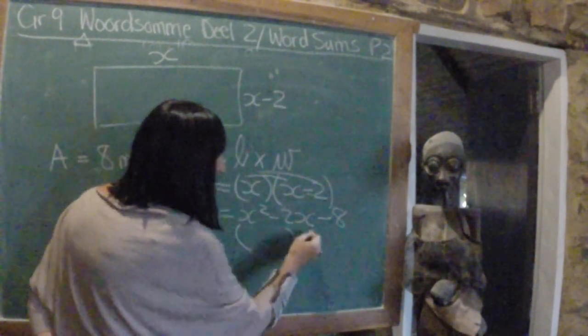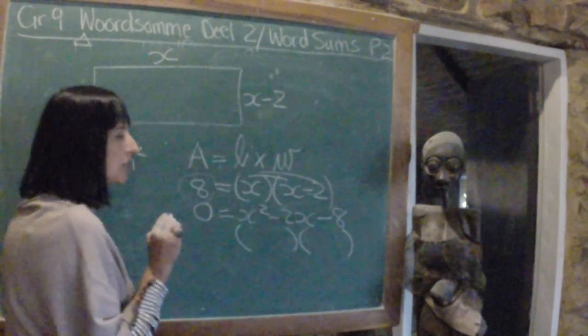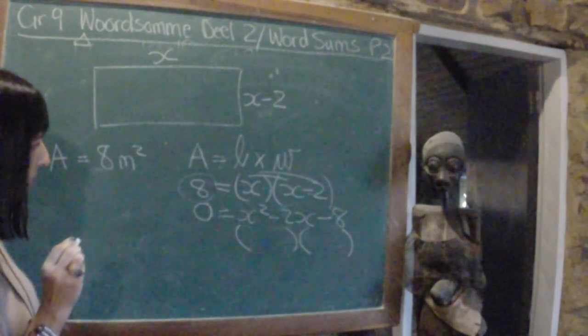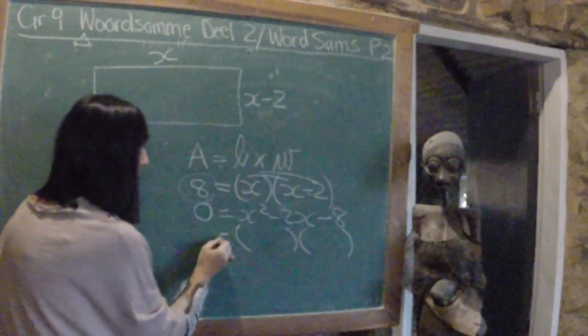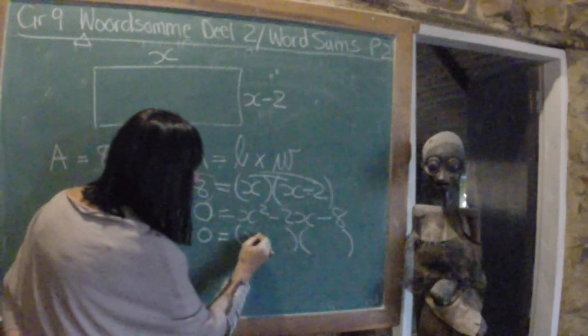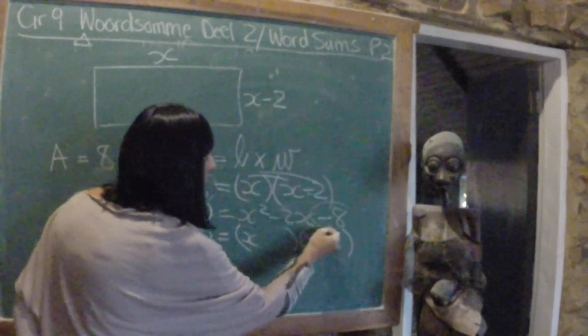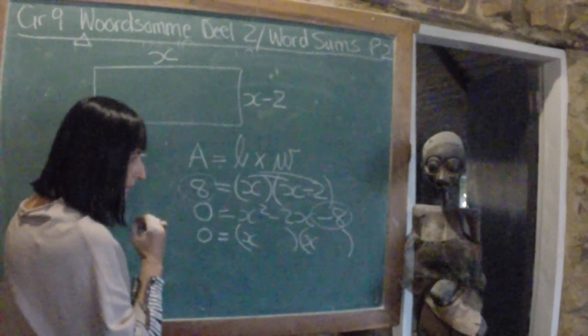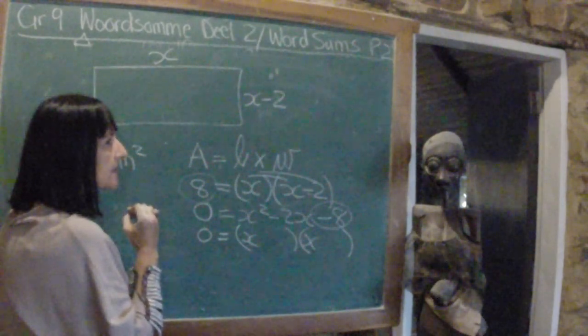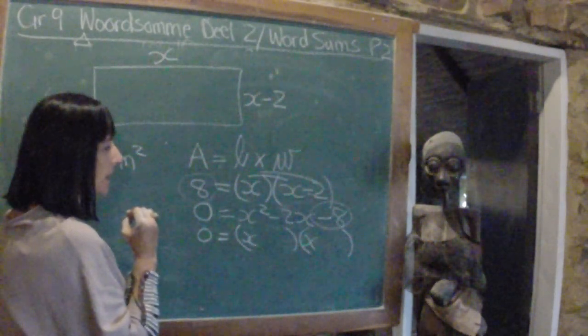Now I can factorize this trinomial. Julle het ons geleer hoe om 'n 3-term te factoriseer. So ons gaan sê x maal x gee vir my x kwadraat. Watter faktore van minus 8? Wanneer ek hulle plus, kry ek minus 2.